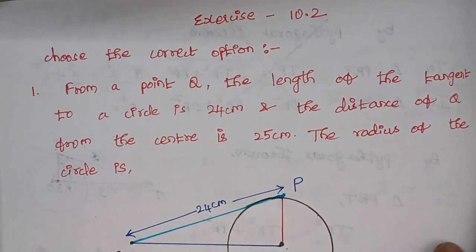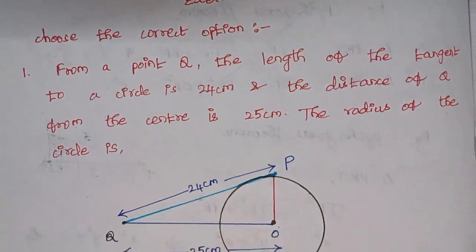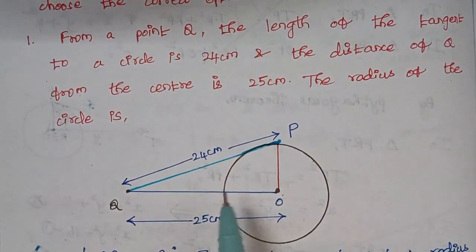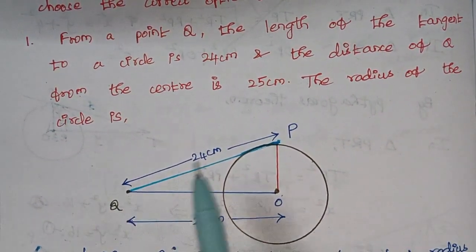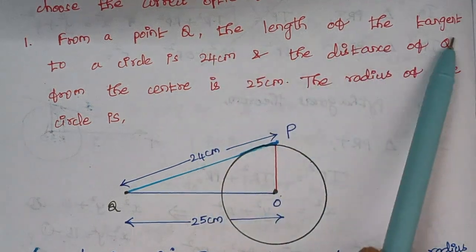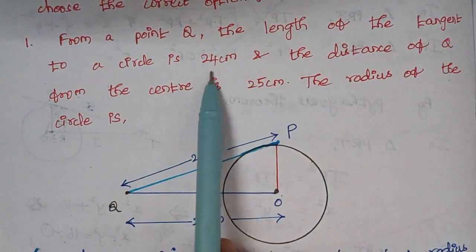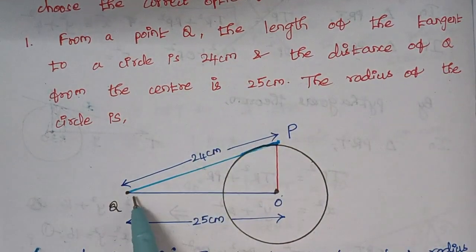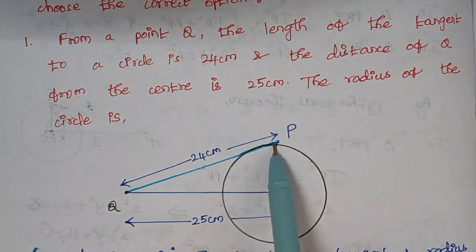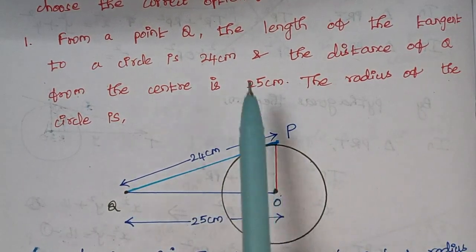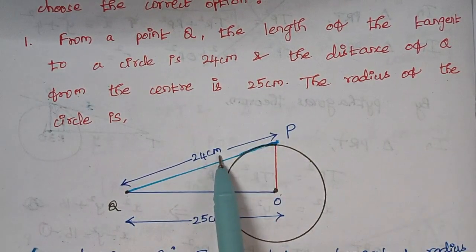So here you see there is a point Q, and the length of the tangent to the circle is 24 centimeters. This is your tangent and the total length is 24 centimeters.